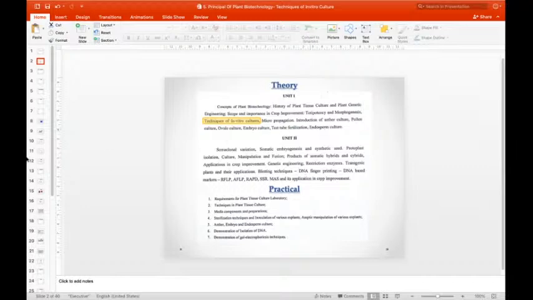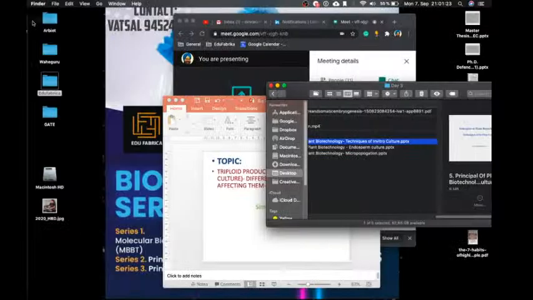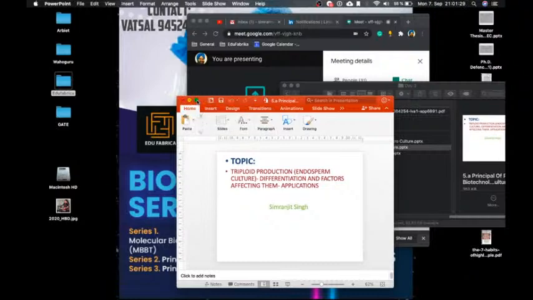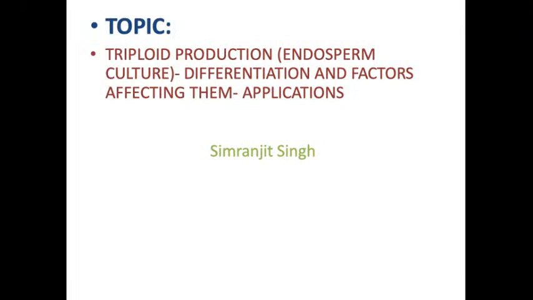So we deal now with endosperm culture, so that we are in continuity of our work. In endosperm culture, triploid production, the various factors determining its growth, and its applications will be dealt with in this topic.